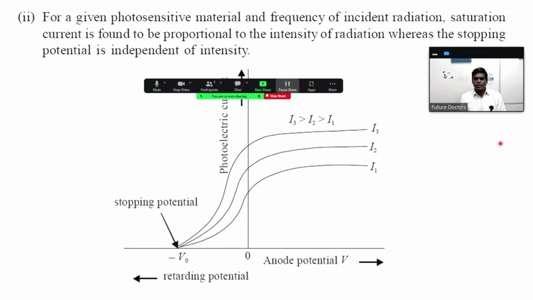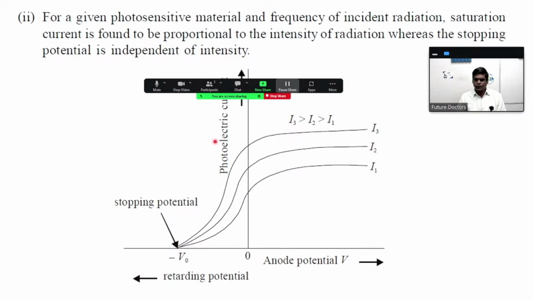Second law: for a given photosensitive material and frequency of incident radiation, the saturation current is found to be proportional to the intensity of radiation, whereas the stopping potential is independent of intensity.